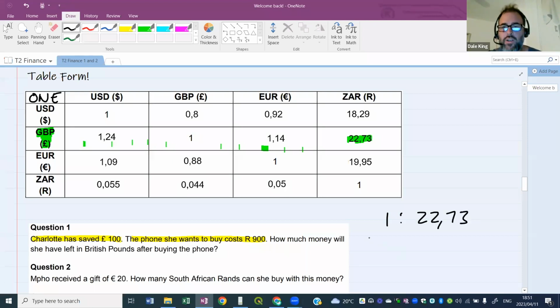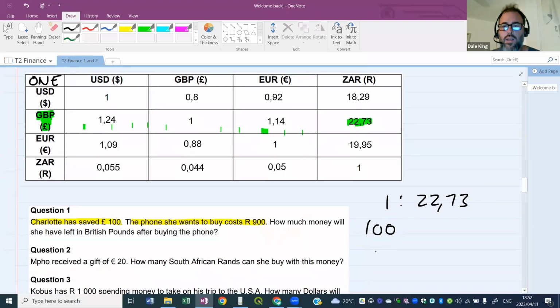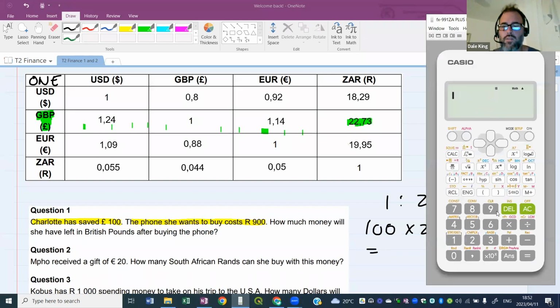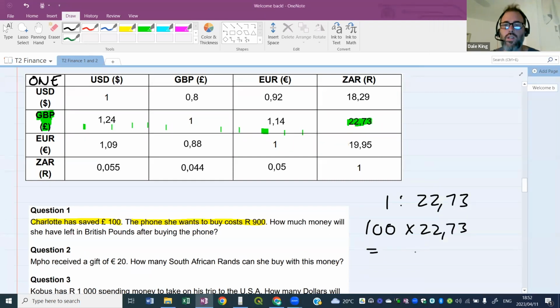But she has 100. So how many rands will that give her? Like someone mentioned earlier, you can just multiply. So we can say 100 times 22,73, and this will give us, we shouldn't need a calculator for that, but let's show you anyway, 2273.